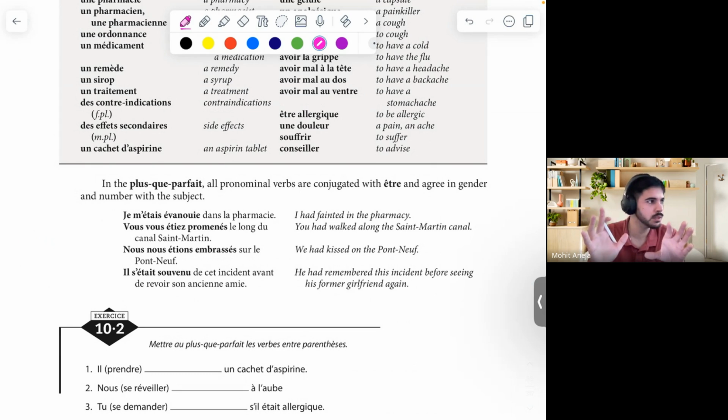It's not something we need, this is something we already know. In the plus-que-parfait, all pronominal verbs are conjugated with être and agree in gender and number with the subject. That we already know: whatever is conjugated with être has to agree with the gender and number of the subject. We have already seen this.